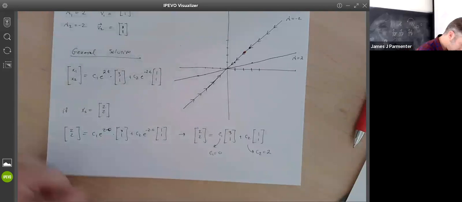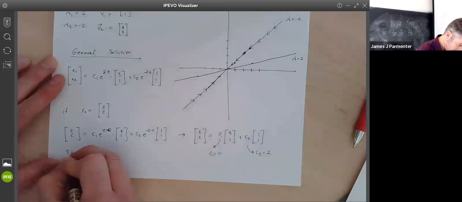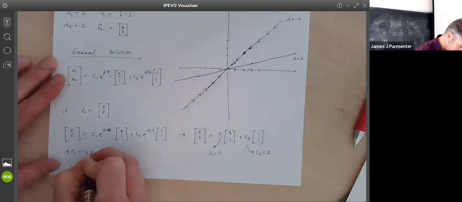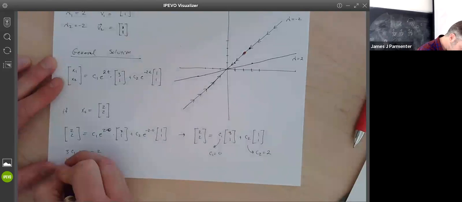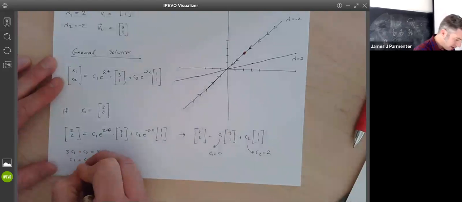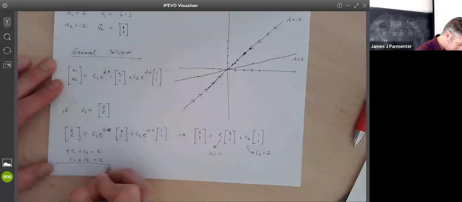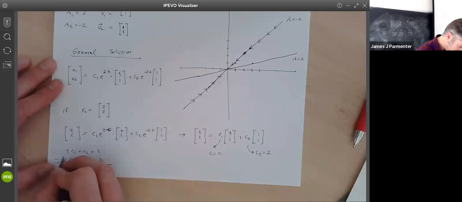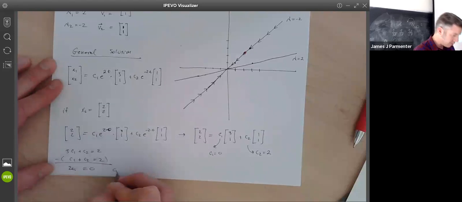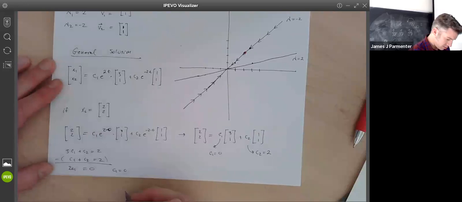You could totally say 3C1 plus C2 equals 2 and 1C1 plus 1C2 equals 2. And then you could subtract them and you get 2C1 equals 0. So C1 equals 0 and then C2 has to be 2.